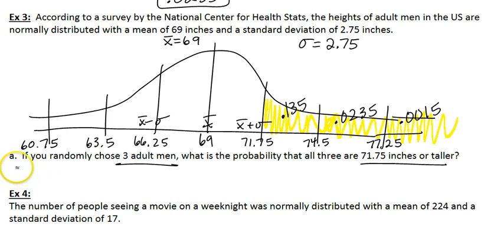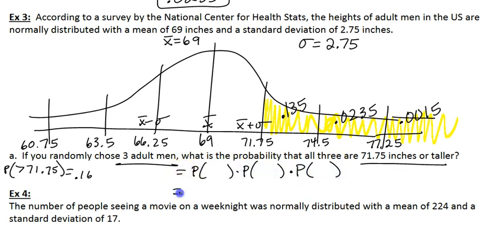Let me say greater than 71.75 is 0.16. Now here's the problem though. Now we actually made this a harder probability problem. I'm going to pick 3 adult men from a crowd. So again, think of what we did in section 12.5.